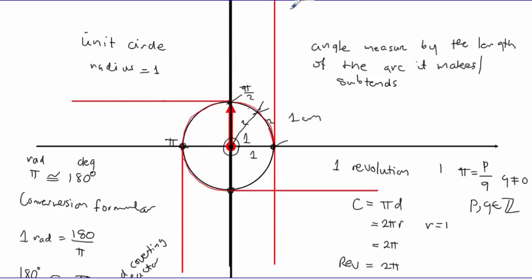Go to your table of special angles in degrees. I think there are 0 degrees, 30 degrees, 45 degrees, 60 degrees, 90 degrees. I think even 180 is one of them.